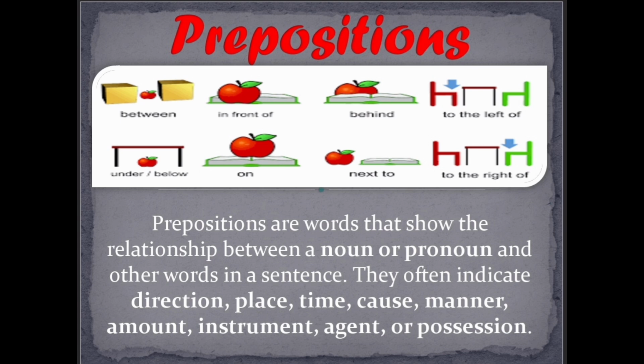Prepositions are words that show the relationship between a noun or pronoun and other words in a sentence. They often indicate direction, place, time, cause, manner, amount, instrument, agent, or position.